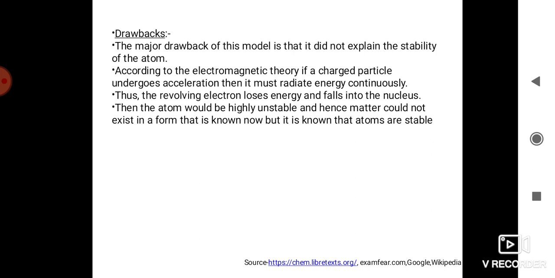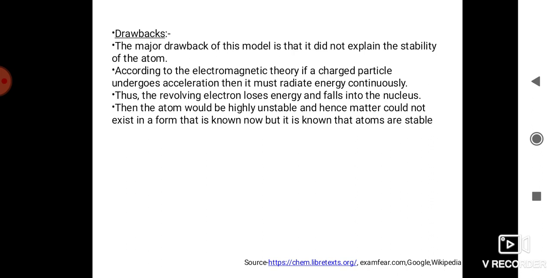We can also understand this drawback by another theory, the Maxwell electromagnetic theory. Maxwell suggested that when an accelerated charged particle is revolving, it will continuously lose energy. As it continuously loses energy, it will come closer and closer to the nucleus.